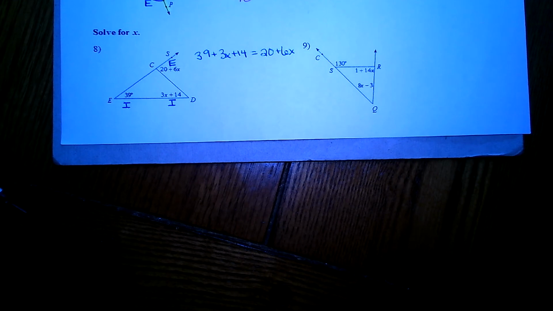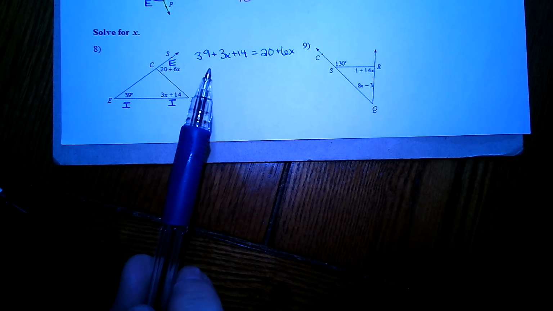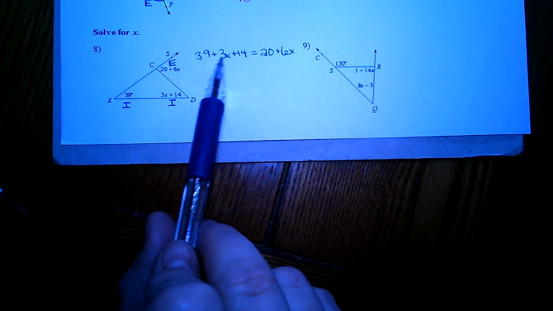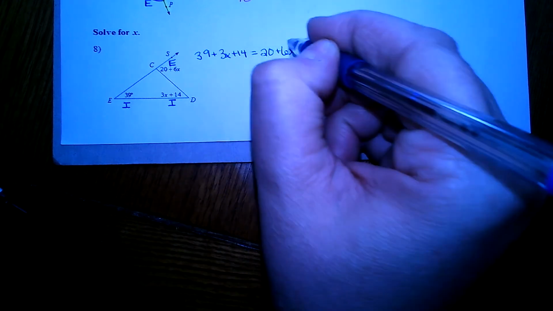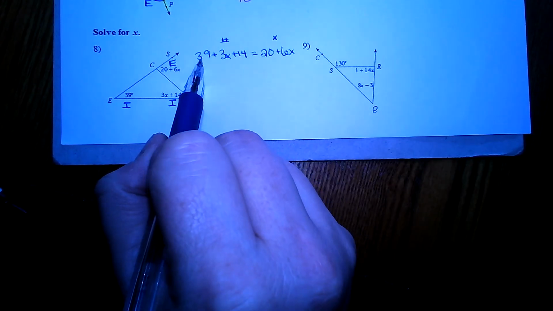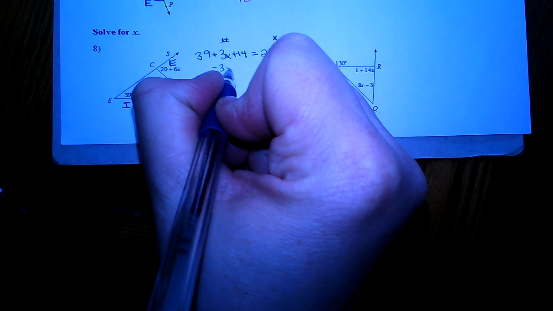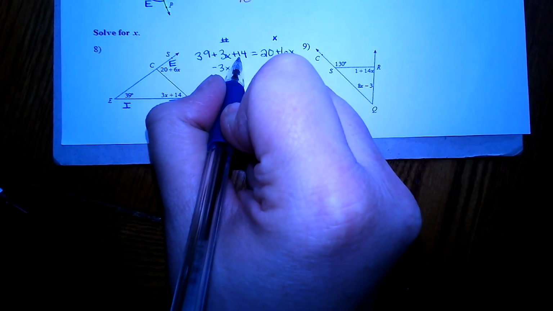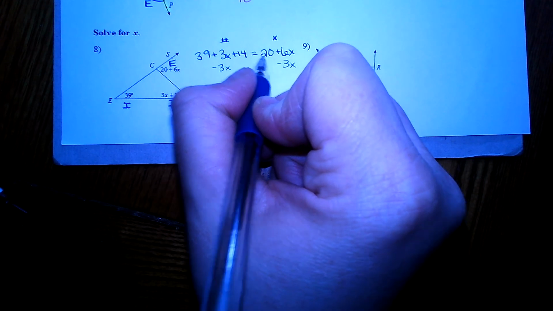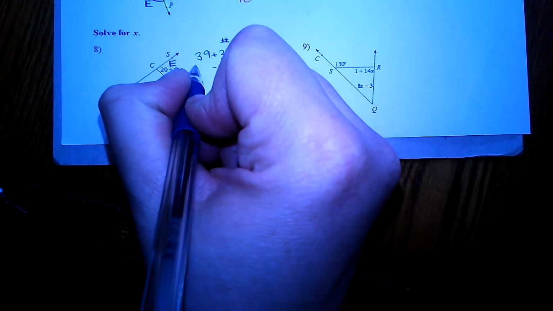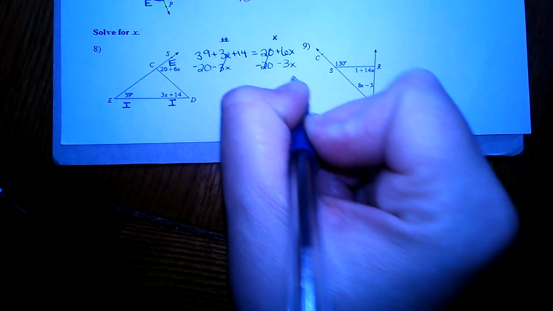I've been so impressed about how much work you guys have done on your equation solving throughout the year. So let's see what happens here. I'm going to make this my x side and this my number side. So I'm going to leave 39 here. I'm going to move 3x over. I'm going to leave 14 on the left. I need to move 20. Bring it on over here.